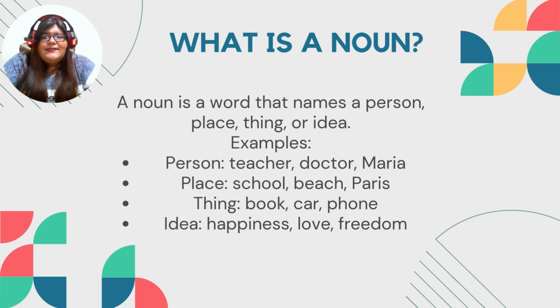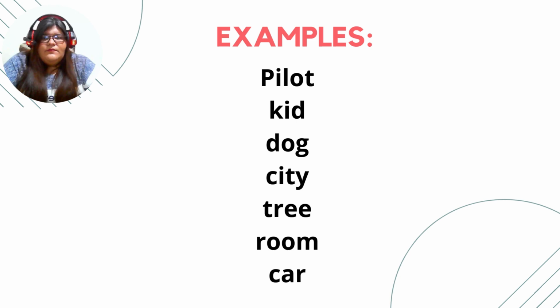Yesterday we saw the topic of nouns, and if you don't, I recommend you watch my last video. Do you remember that yesterday I said that any object or person or city or country could be a noun, right? For example, we have pilot, kid, dog, city, tree, room, and car.